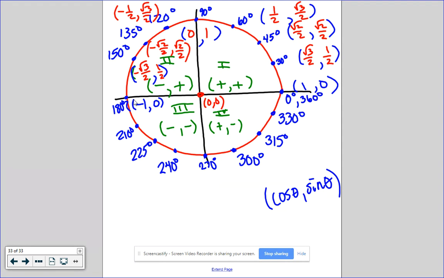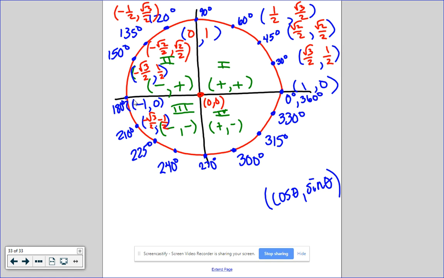So if we know they're both negative, I can just take the values at 30 degrees and make them negative. So it's negative square root 3 over 2, negative 1/2. And again, the reason I can do that is because by reference angles, if I take 210 minus 180, that gives me 30 degrees. And then I can just use the values from 30 degrees and work off of that.